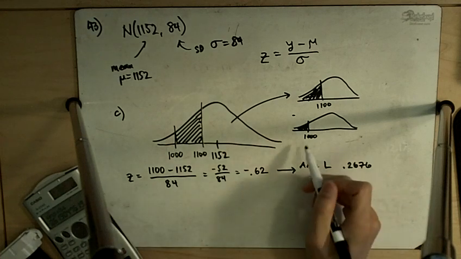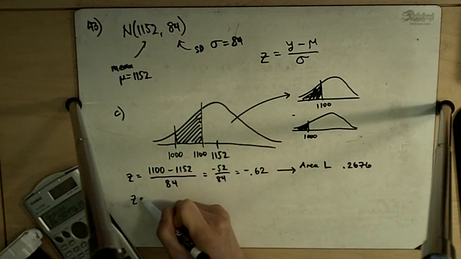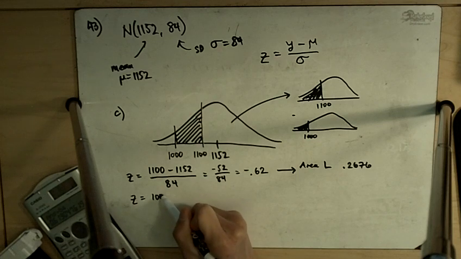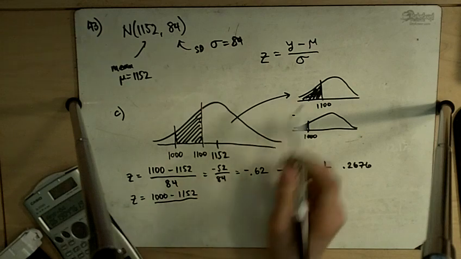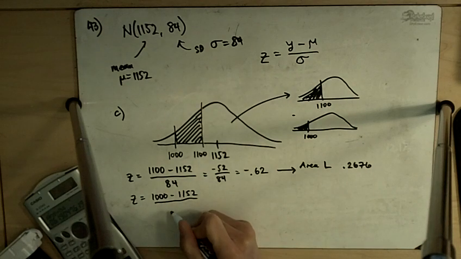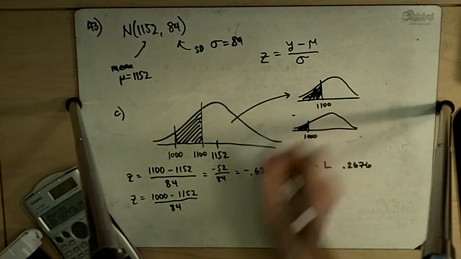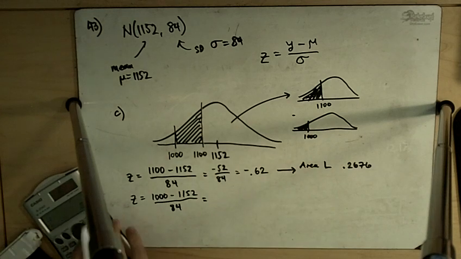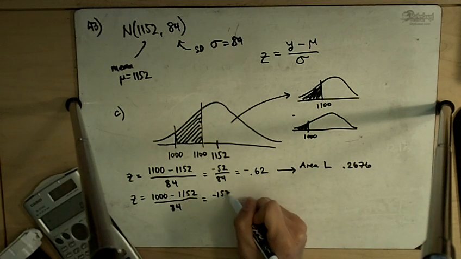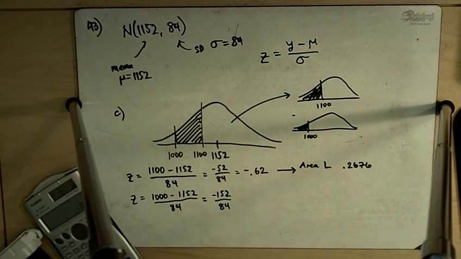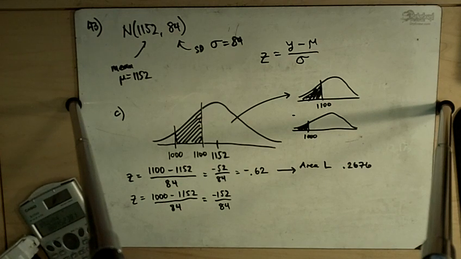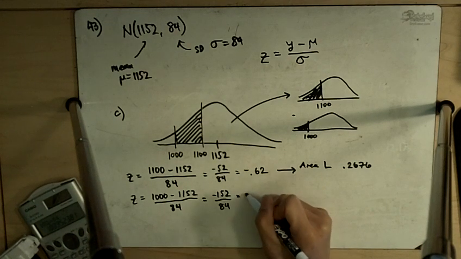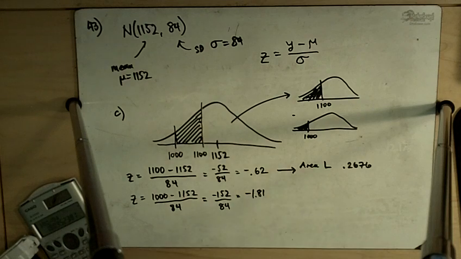Now for the area to the left of 1,000, again we convert to a z-score: y minus mu, 1,000 minus 1152, divided by our sigma of 84. Up top we get negative 152 divided by 84, which is negative 1.81.